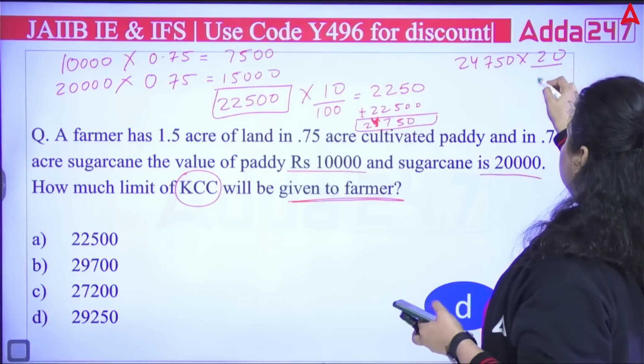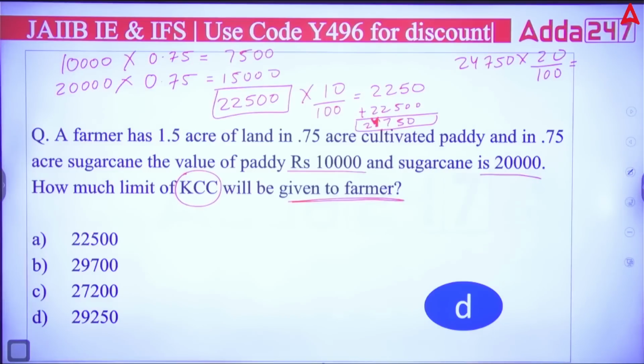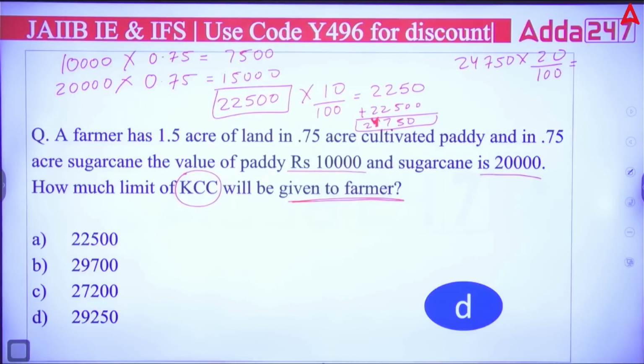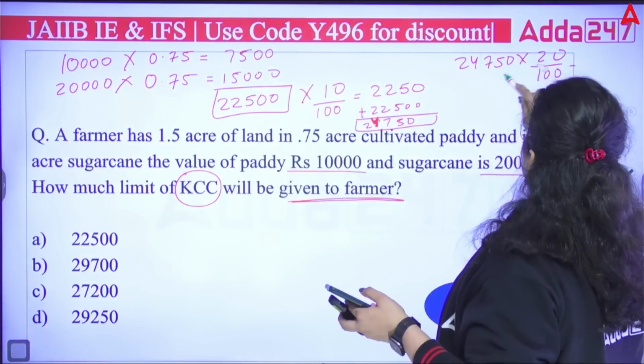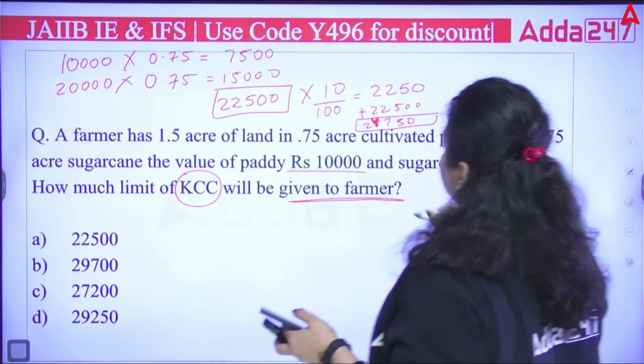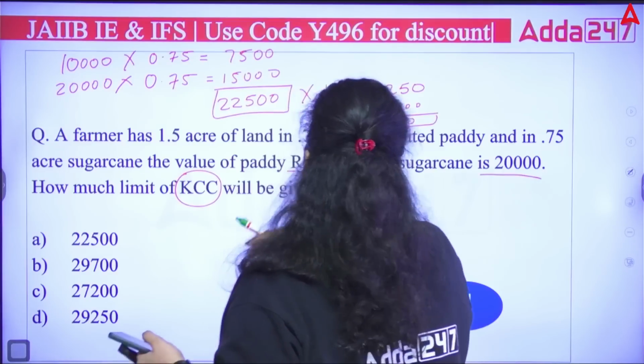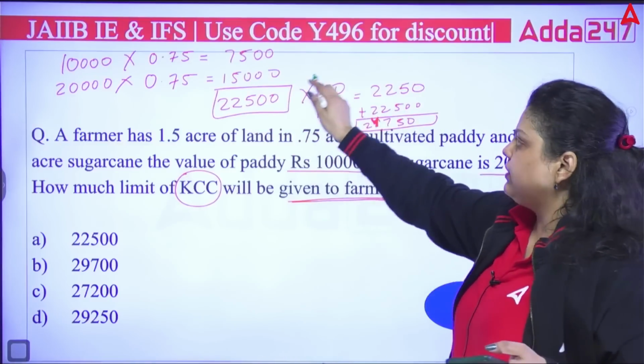We calculated 24,750 with the first 10% value.